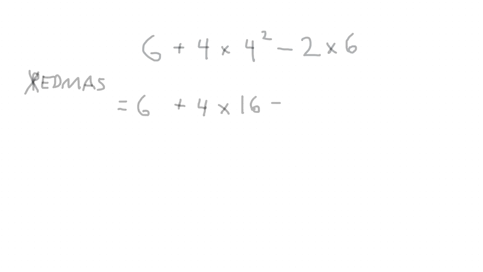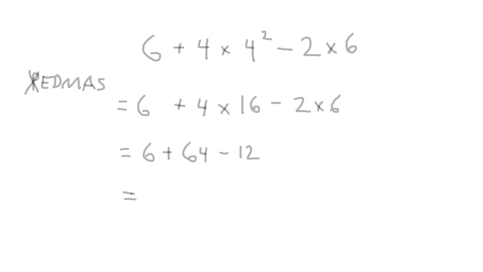Okay. We did the exponents. What's next? Multiplication. Yep. 4 times 16 and 2 times 6. How much? 64. Yep. So 6 plus 64 minus 2 times 6. 12. Okay, good. Now 6 plus 64 is how much? 70. Yep.